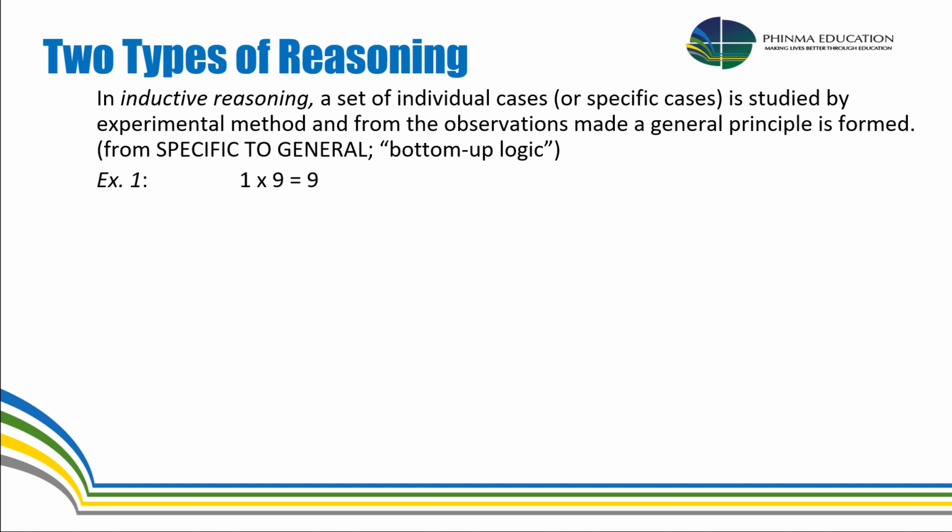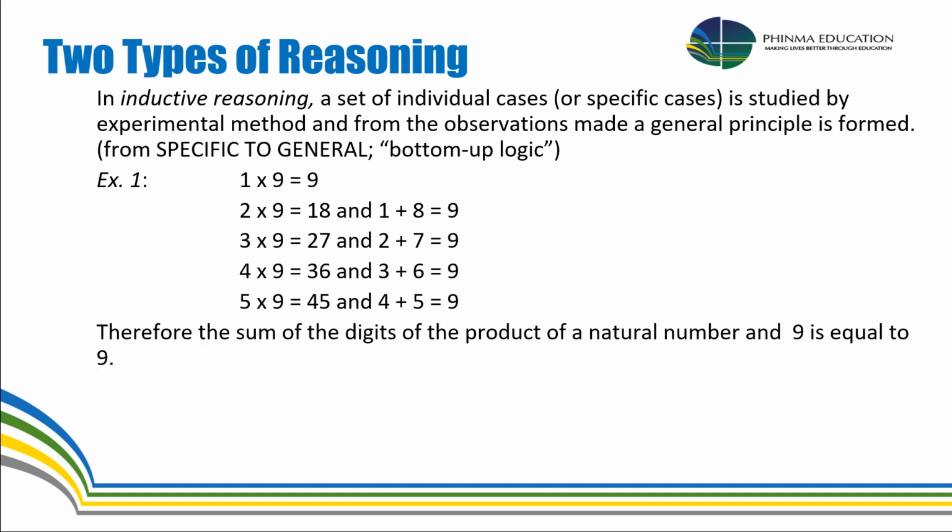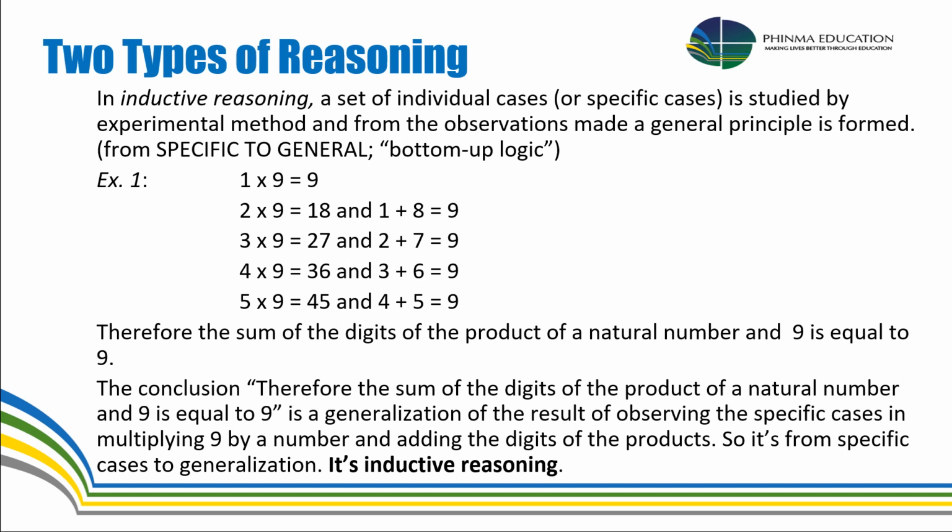Okay, so we have here an example in order to understand the concept of inductive reasoning. We have the given set of numbers, and by observation, we are given the conclusion.